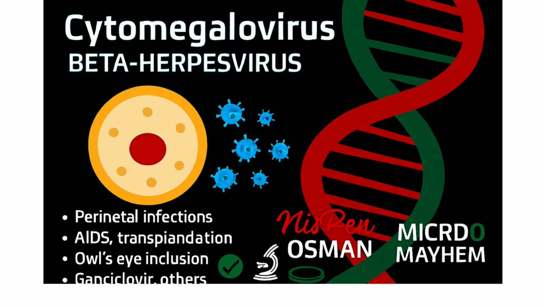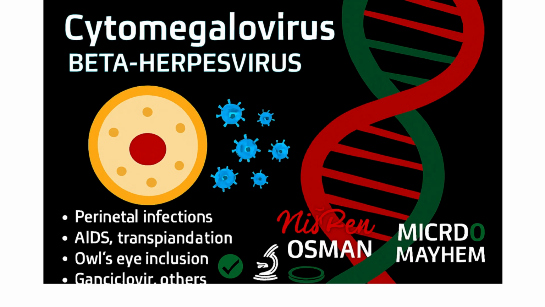Cytomegalovirus doesn't have a cure, but it can be managed with antivirals like cidofovir and ganciclovir. Prevention includes hand hygiene and avoiding contact with saliva and urine of young children.